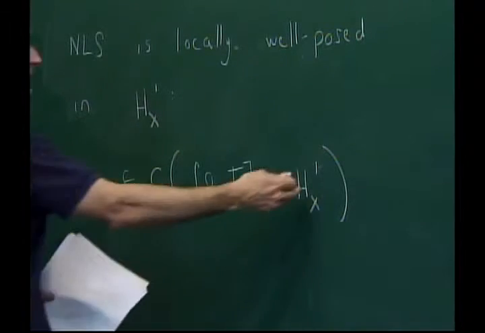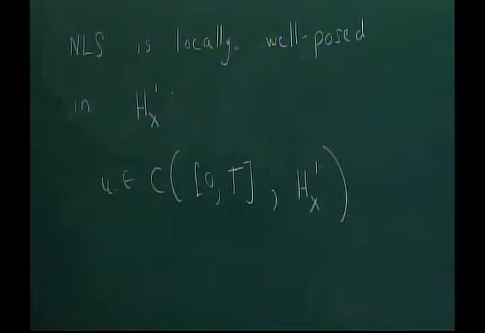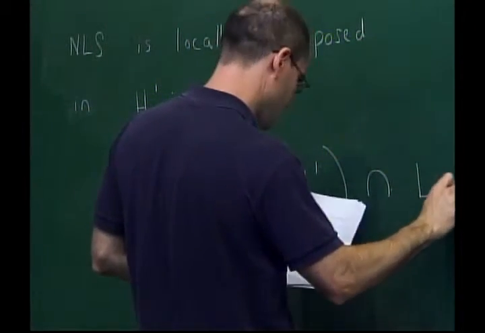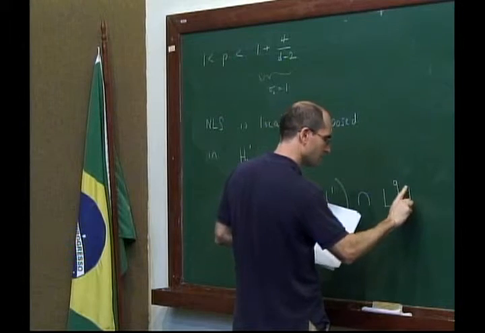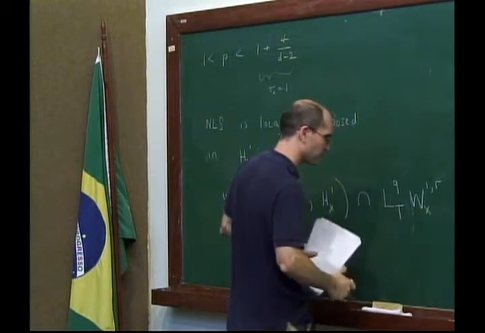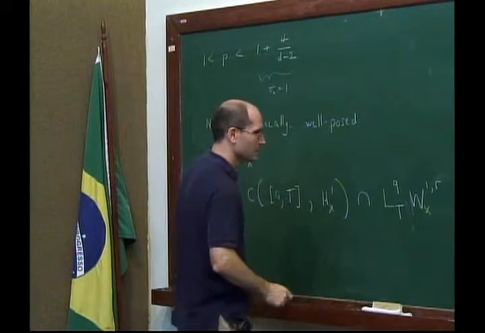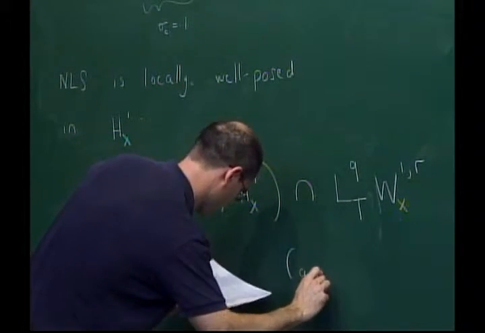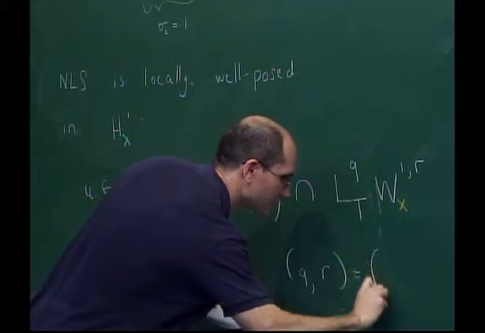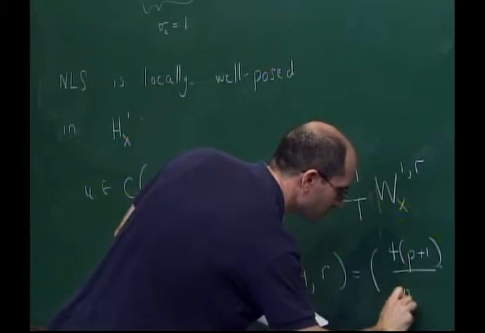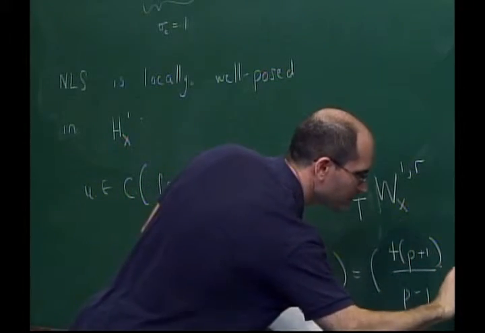So it's H1 of R^d. And they also have a certain space-time integrability, where q, r is 4p plus 1 over p minus 1, comma, p plus 1.